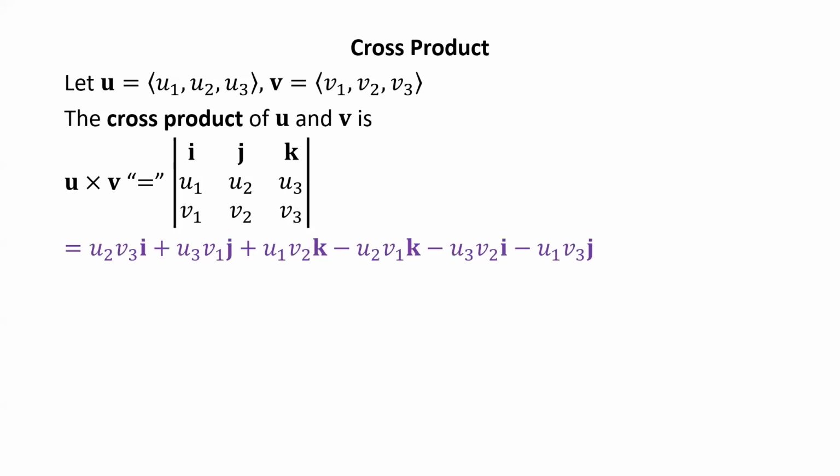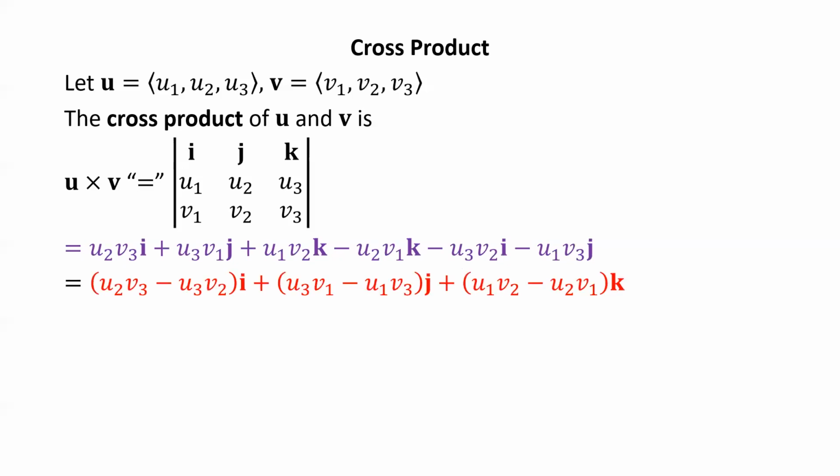So if we write everything out, we see we get U2 V3 I, and then going down the second diagonal, we have U3 V1 J. The third diagonal gives us U1 V2 K. And then going backwards, we have minus U2 V1 K, minus U3 V2 I, and minus U1 V3 J. Okay, now just combining the I's together, the K's, and the J's together, we can write it like this.